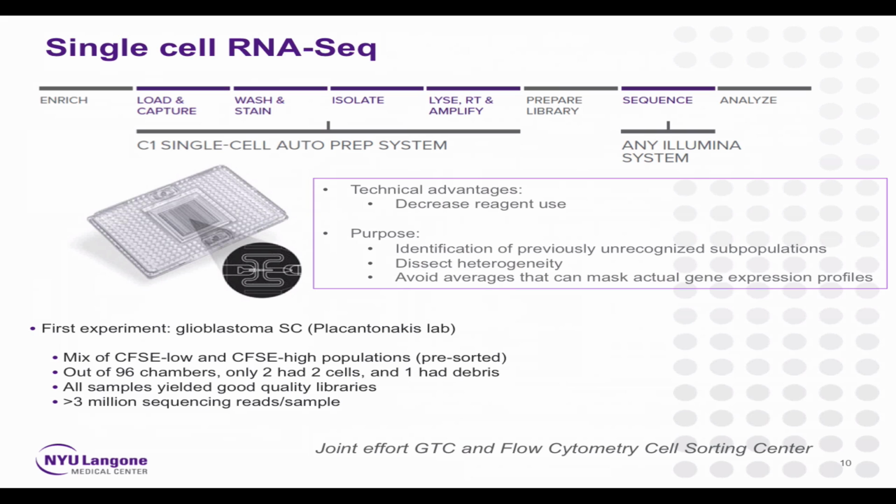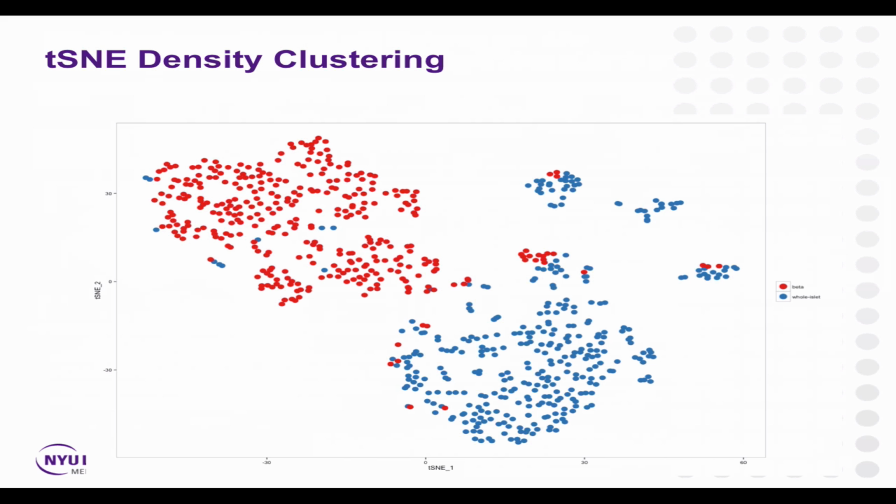At that point, you also use the SMARTer kit that I was talking about before to do more cDNA amplification. If you are interested in this kind of project, we need to coordinate with a flow cytometry or any other facility that is sorting your cells before doing this. And you can do 96 cells or you can do 800.